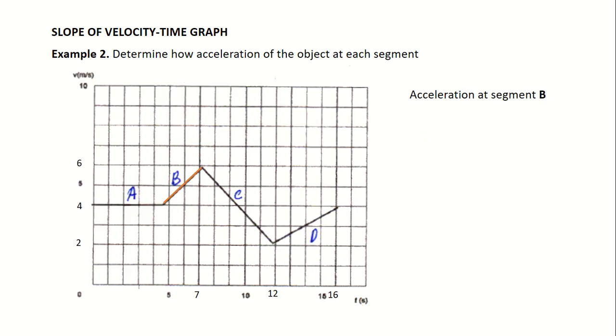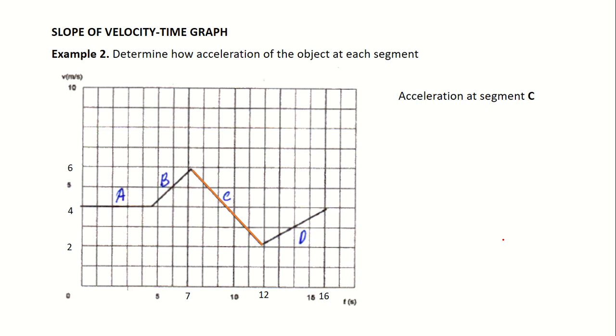At segment B, the change is from 4 to 6. So that's a difference of 2. And that also happened for 2 seconds. So that's going to be 2 divided by 2, di ba? Oh, by the way, my unit is going to be meter per second squared or meter per second per second.